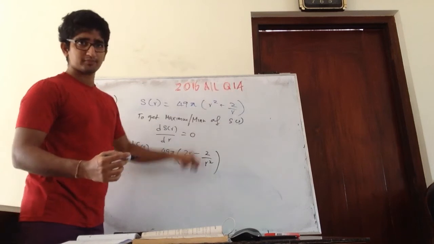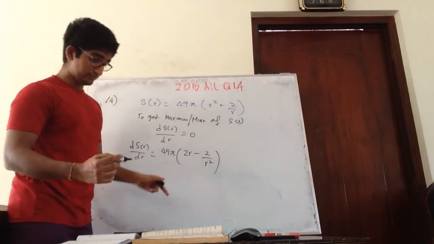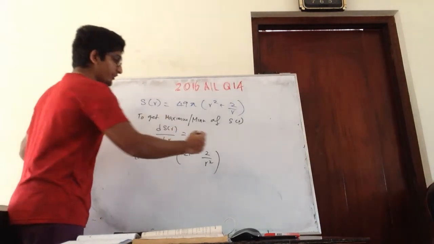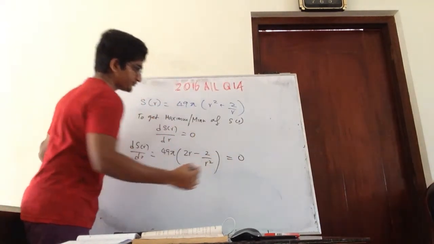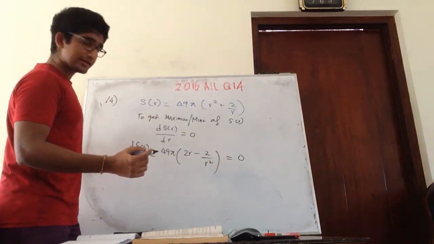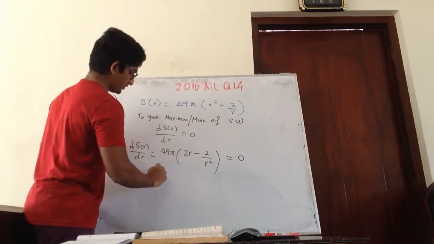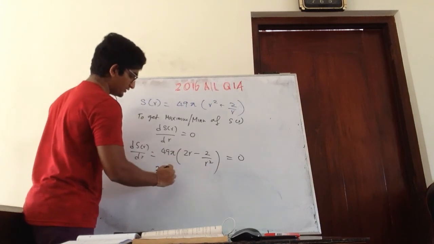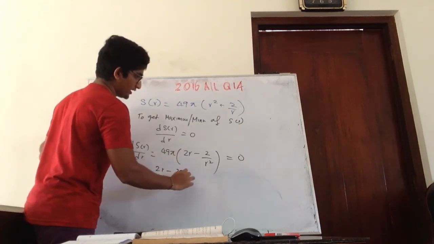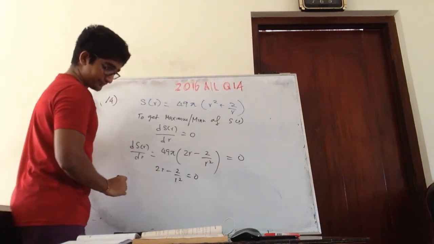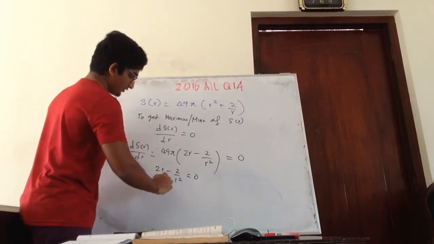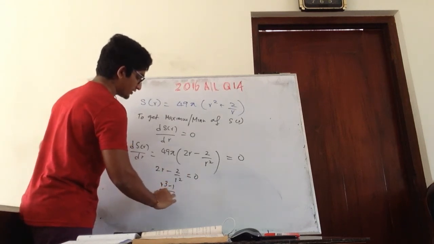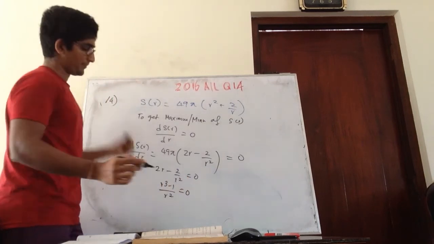Right now, if this differentiation is okay, then we need to equate this to 0. Correct? So 2 is also taken out, so R cube minus 1 over R square equals 0.